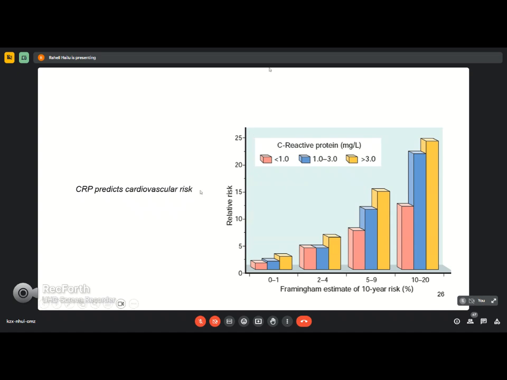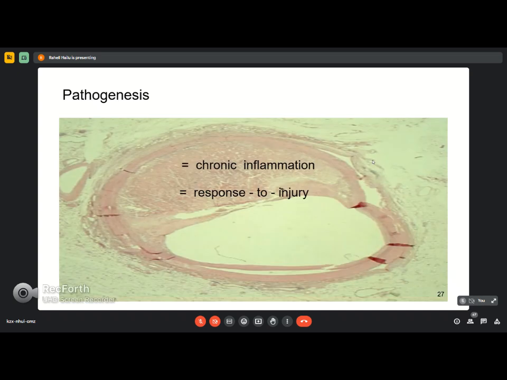So the relative risk is higher for those that have a higher C-reactive protein. This is the yellow bar here, with a C-reactive protein of more than 3 milligram per deciliter. So the more inflammation there is, the more risk of progression of atherosclerosis and the more risk of cardiovascular complications.